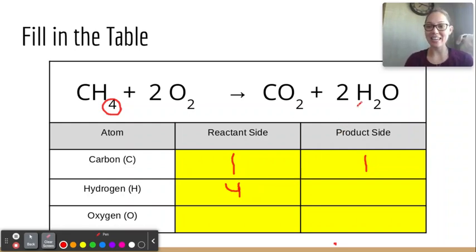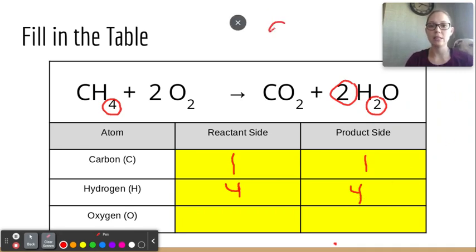And now we need to look at our reactant side. So we have 2 hydrogens, a part of H2O, but we have 2 water molecules. So we need to multiply these 2's together. So 2 times 2 is 4. And you can visually think about that too.